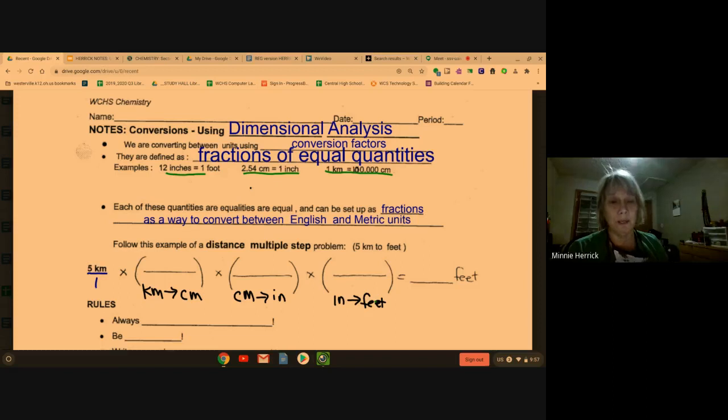But let's continue here. Basically, what you're doing is you're converting between units, but you're using what are called conversion factors. When we did the metric conversions, all you had to do was move the decimal point one way or the other, because all the metric system is based on the power of 10. But when you do these types of conversions, these are not simple metric.